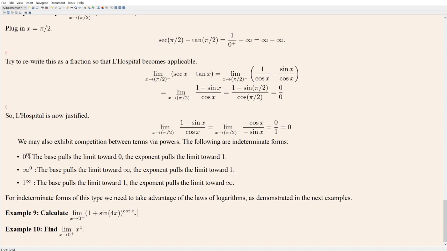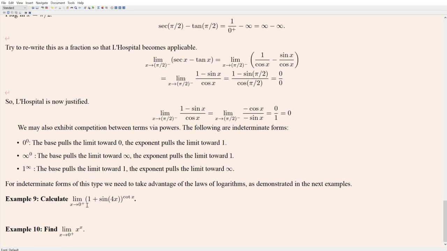Anytime we have an exponent which is being problematic, we like to take advantage of the laws of logarithms to take that exponent and pull it down. That's why logarithms are important and just generally useful, because they let us take exponents and pull them down. So let me show you what I mean by that.